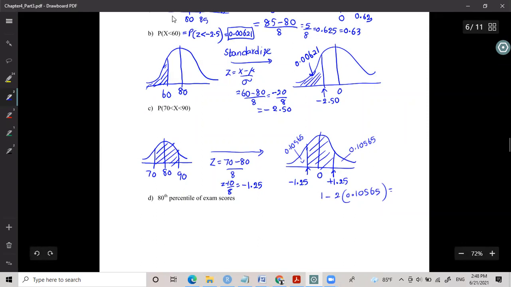Just one more trick I wanted to show you here, right? So what is the answer? 0.7887.